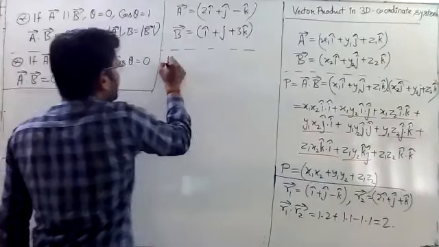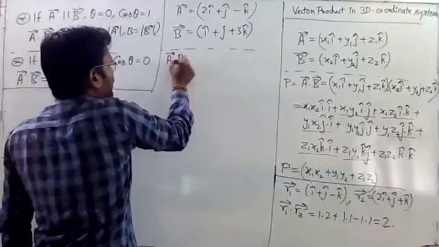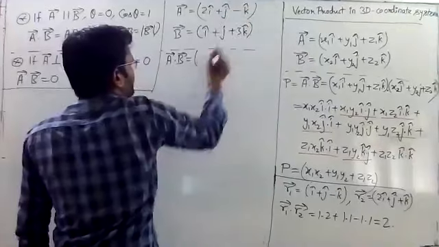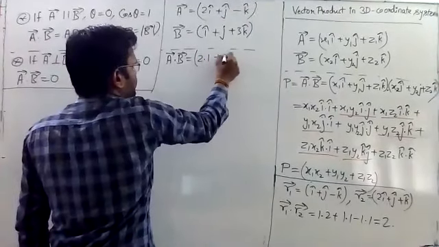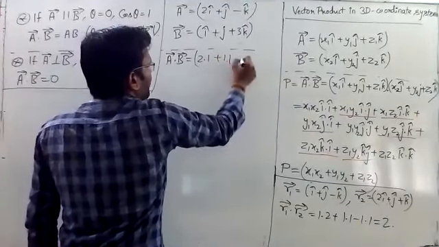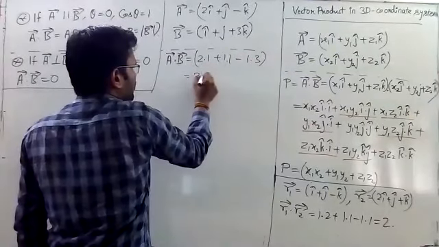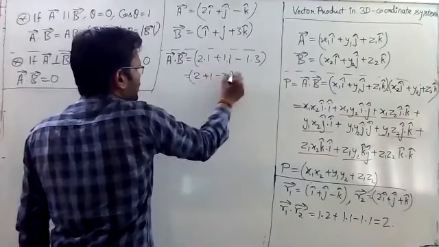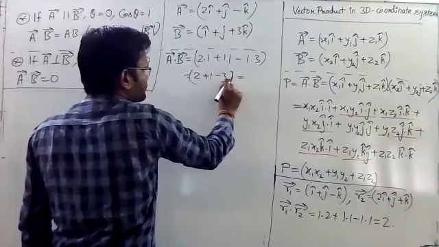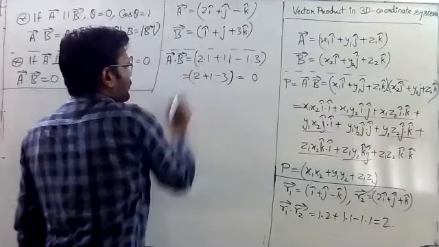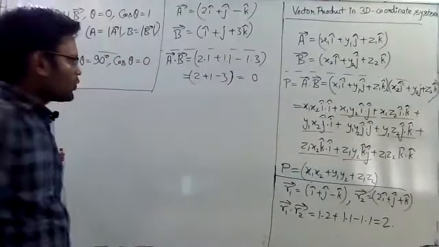So what is A dot B? A dot B in this case again X1, X2, Y1, Y2, Z1, Z2: 2 into 1 plus 1 into 1 and minus 1 into 3. So that is equal to 2 plus 1 minus 3, which is how much? We got 0.